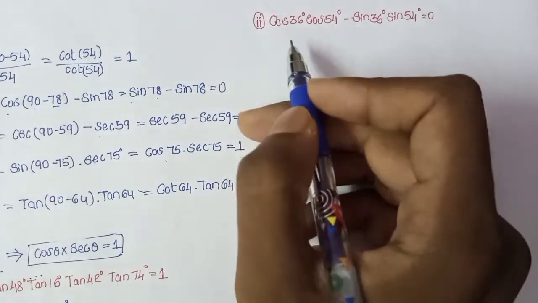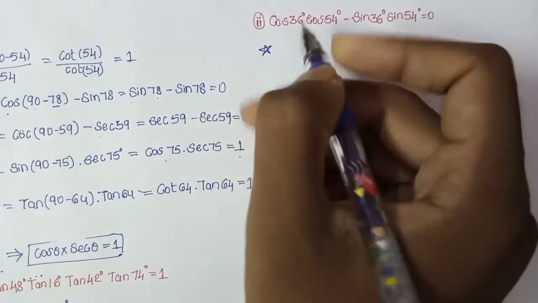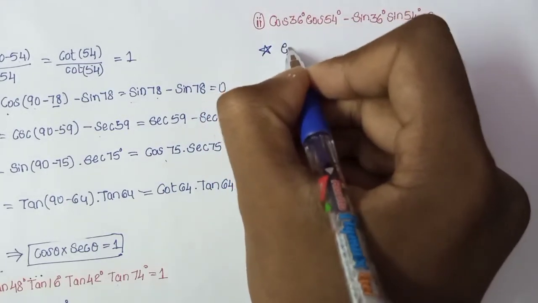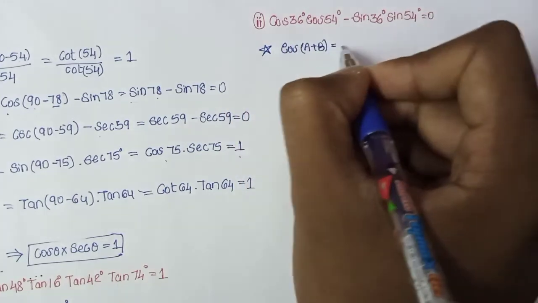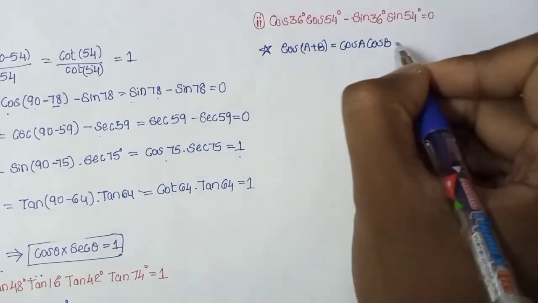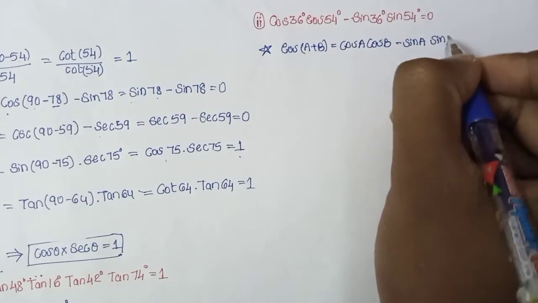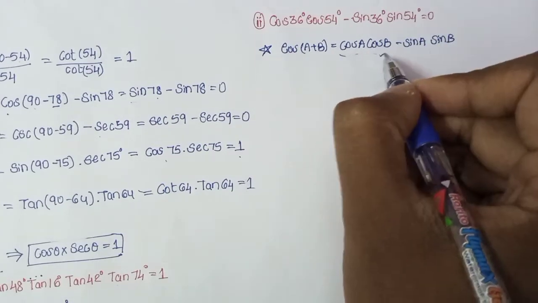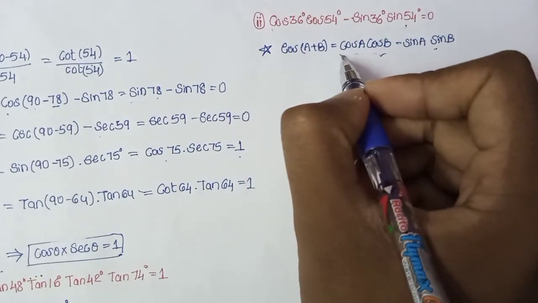We have seen one important relationship: cos of A plus B is equal to cos A cos B minus sin A sin B. If you compare this to that, you find it is similar.